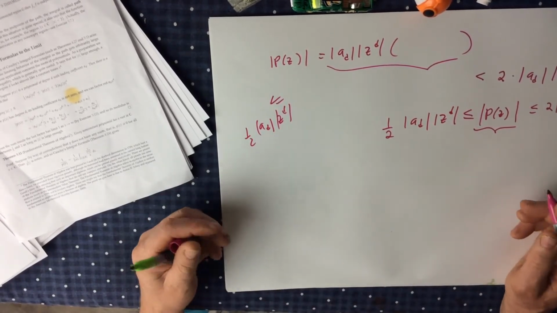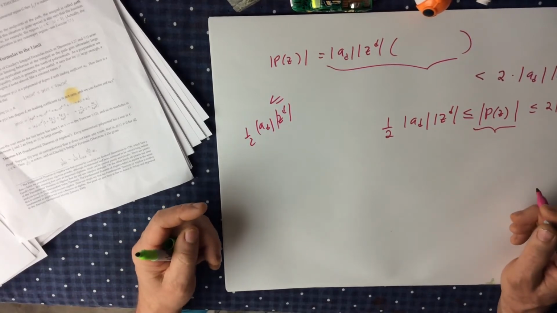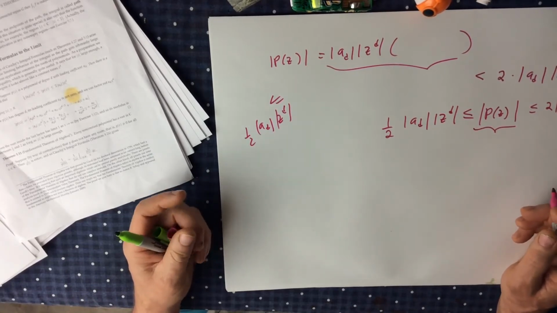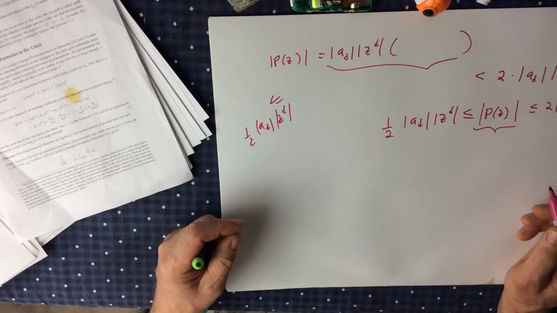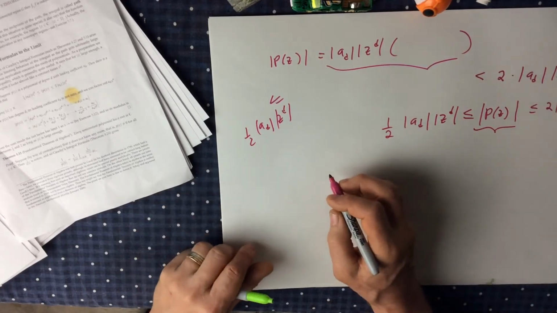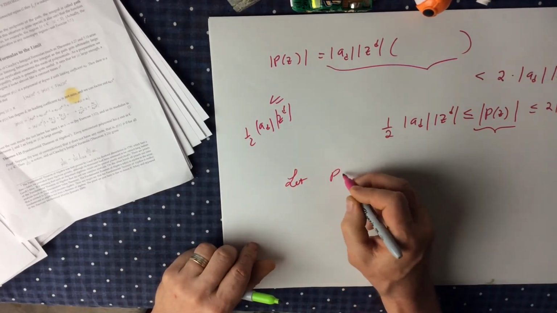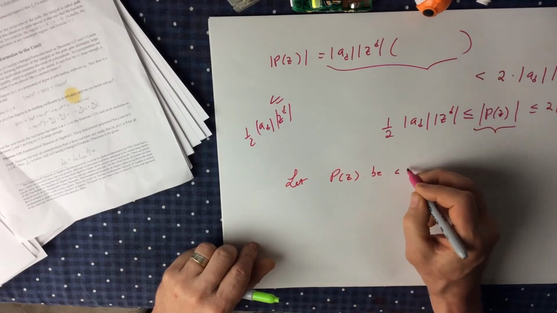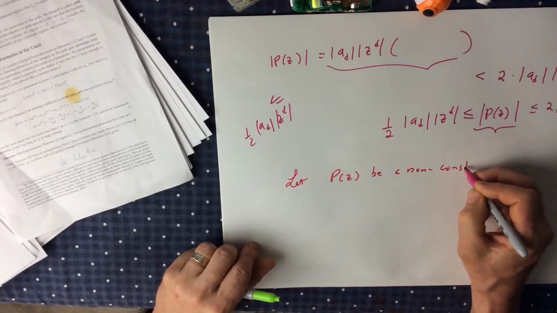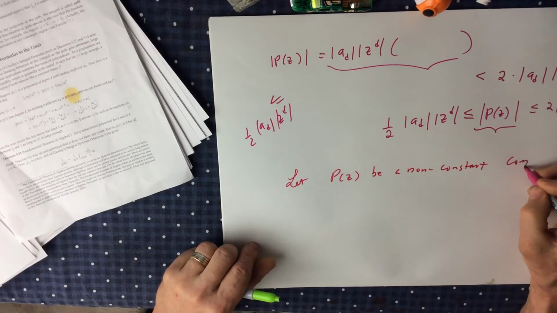Well, now I'm going to prove a very deep theorem, a theorem that is surprising and is absolutely false in the real plane. Page 77 says, let P of z be a non-constant complex polynomial.